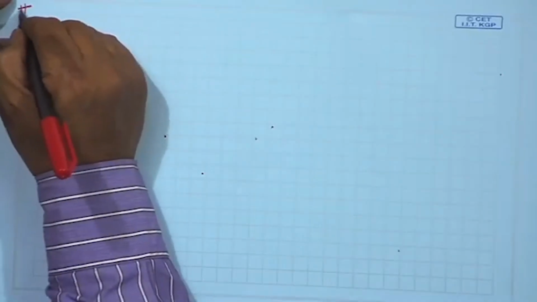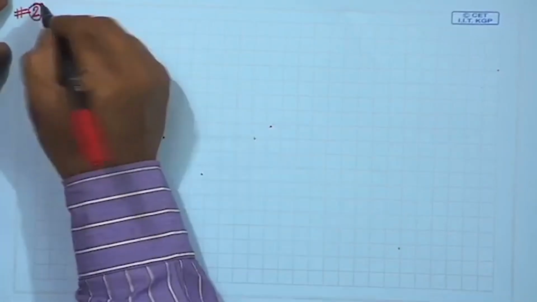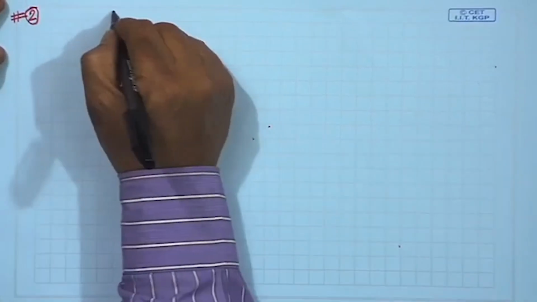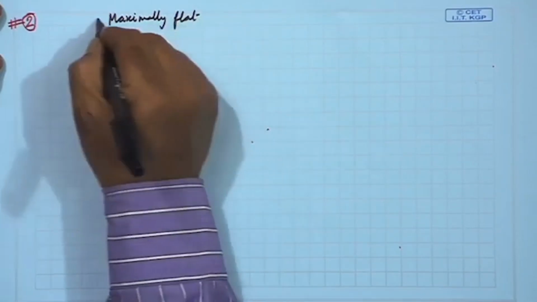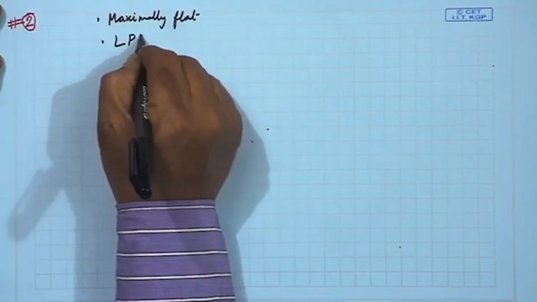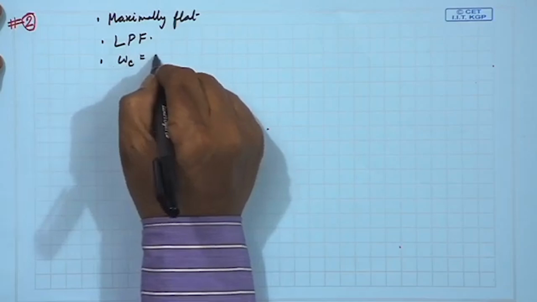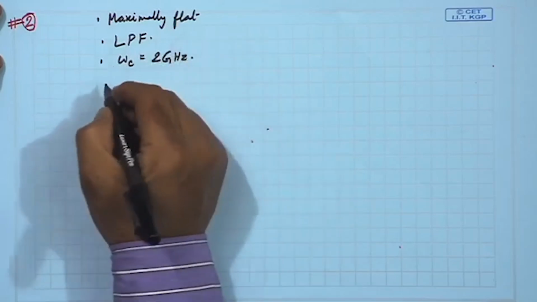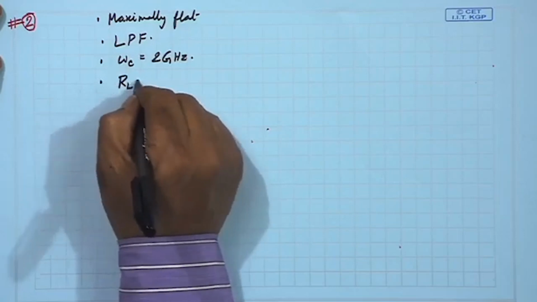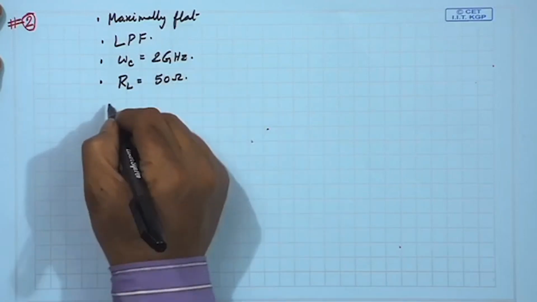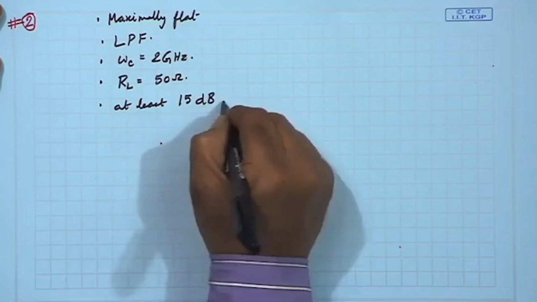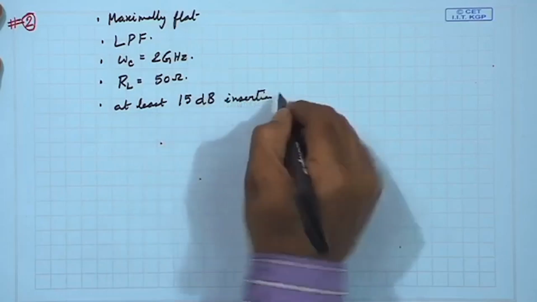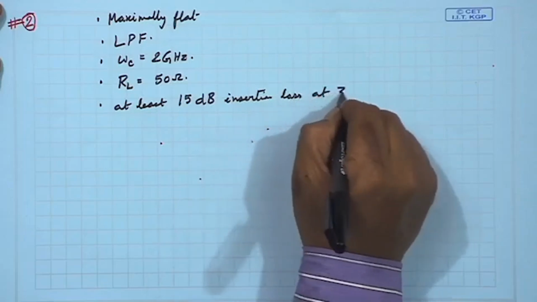Next, let us say another problem. The specification is a maximally flat low pass filter, omega c of 2 gigahertz, load impedance 50 ohm, and at least 15 dB insertion loss at 3 gigahertz.